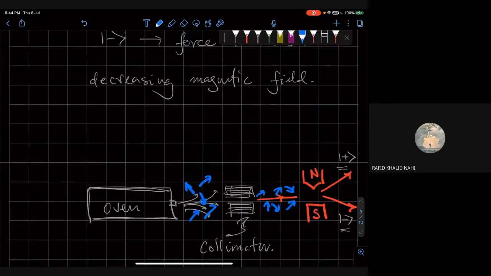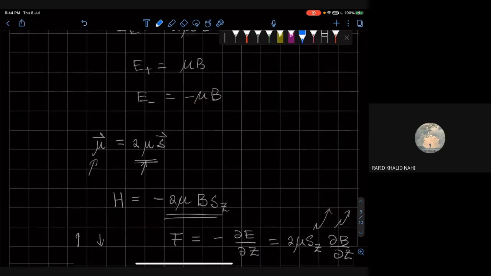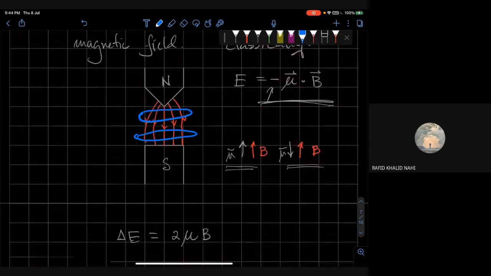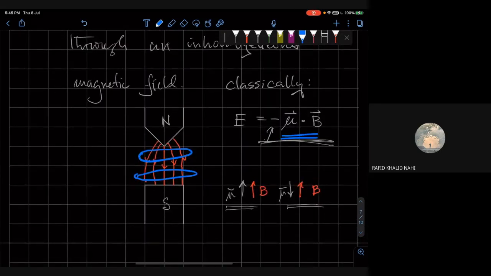So the dot product here, the cosine of the angle, would be arbitrarily distributed over a sphere, right? Yes, sir. So some of these magnets will have orientations like that. They will not feel the same force as magnets with magnetic moments oriented like that.